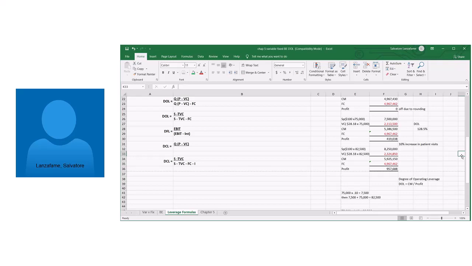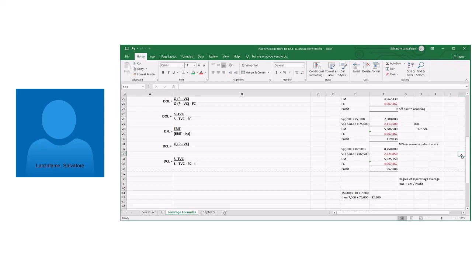So what this means is that for every 1% change in volume, 75,000 times 1% is 750, you're going to get a 128.5% change in profit. It's amazing how that works.